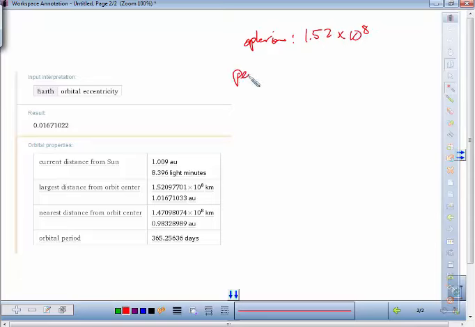And the perihelion is 1.47. So if we add them together and divide by 2, we're going to get A, right? So we add this together, ap plus peri, and then divide by 2 equals A.